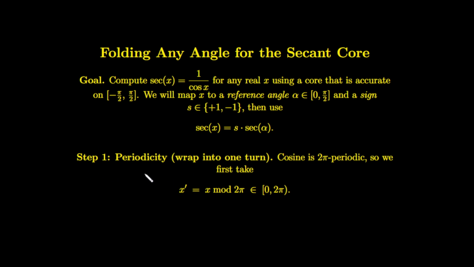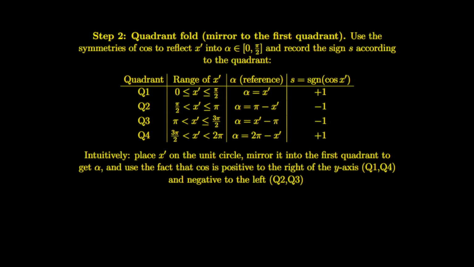So the first thing that we're doing here is the periodicity. So we're going to do the wrapping. So this is the first part of it, and in effect it's going to be an x modulo 2 pi. So everything outwith 2 pi gets mapped into 2 pi. So once we've done the modulo 2 pi, we're then going to wrap quadrants 2, 3 and 4 into quadrant 1, and we're going to use the values here in order to do it.